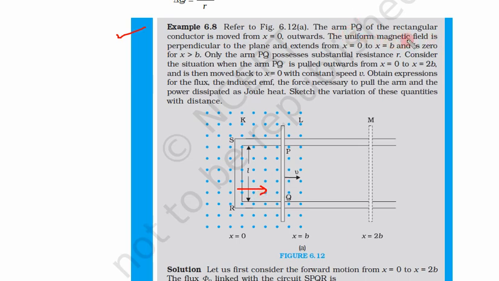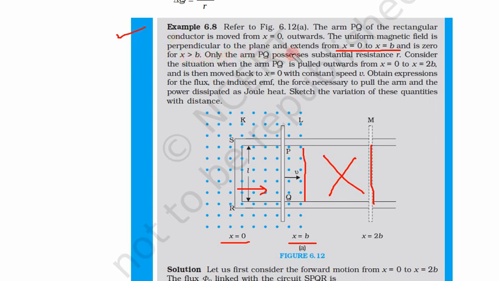The uniform magnetic field is perpendicular to the plane, and extends from x is equal to 0 to x is equal to b. So the magnetic field is uniform only from x is equal to 0 to x is equal to b, and 0 for x greater than b. Here we can see there is no magnetic field in this region.